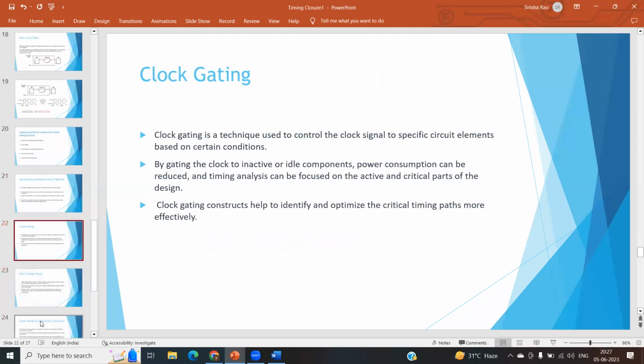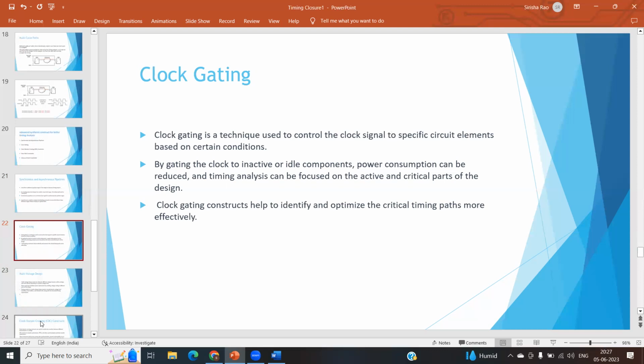The next is clock gating. Clock gating is a technique used to control the clock signal to specific circuit elements based on certain conditions. Many times we come across chips where we have a clock enable. An enable signal is there and it is controlling the clock to that particular part of the circuit, so that you can reduce the power and increase the efficiency of the circuit.